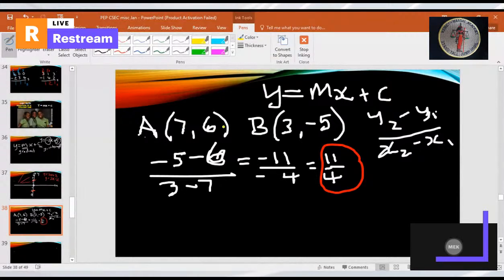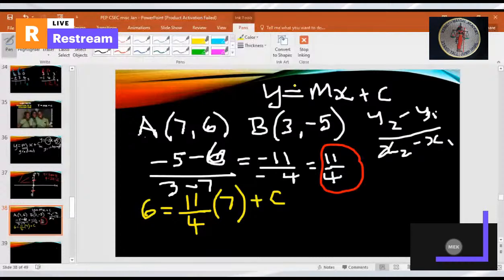If x is 7 and y is 6, that means 6 would be equal to the gradient, m, times 7, plus c. We're just plugging the values into the equation here. So 6 would be equal to 11 over 4 times 7, which is 77 over 4, plus c.